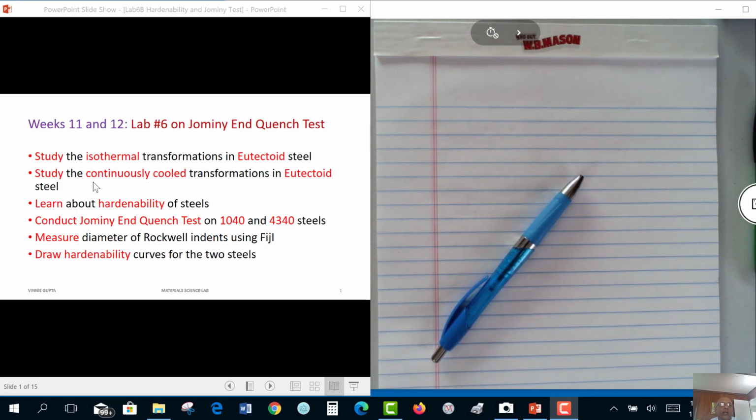Then we also learned what happens when we continuously cool these eutectoid steels, and we learned about continuous cooled transformation diagrams. Now in this part, we are going to learn about hardenability of steels, and we are going to conduct the Jominy End-Quench test on two different steels.